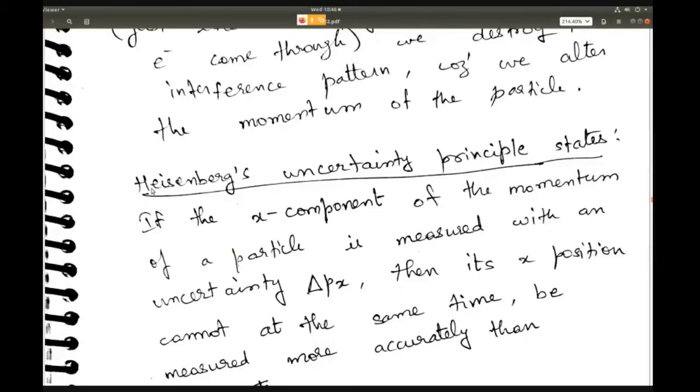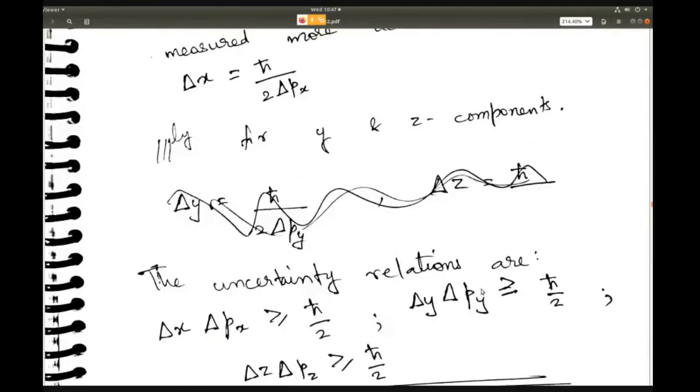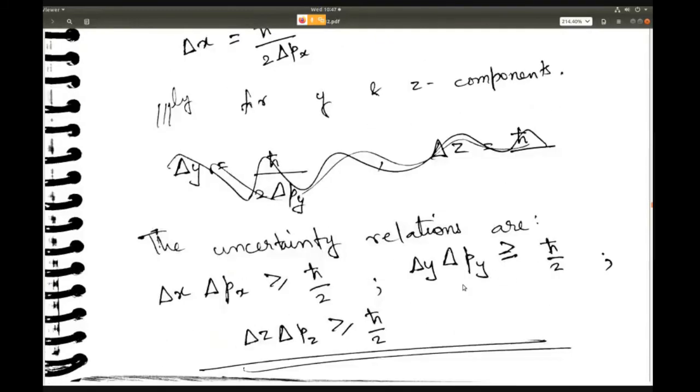Heisenberg's uncertainty principle states that if the x component of the momentum of a particle is measured with an uncertainty delta px, then its x position cannot at the same time be measured more accurately than delta x, which is equal to h cross by 2 delta px. Similarly for y and z, which means you cannot simultaneously measure position and momentum of the particle with arbitrary accuracy.